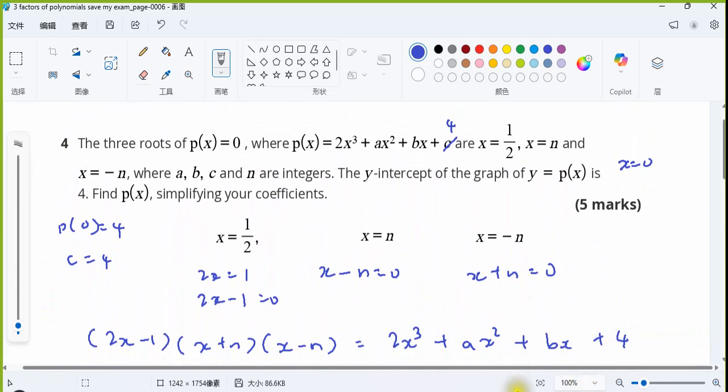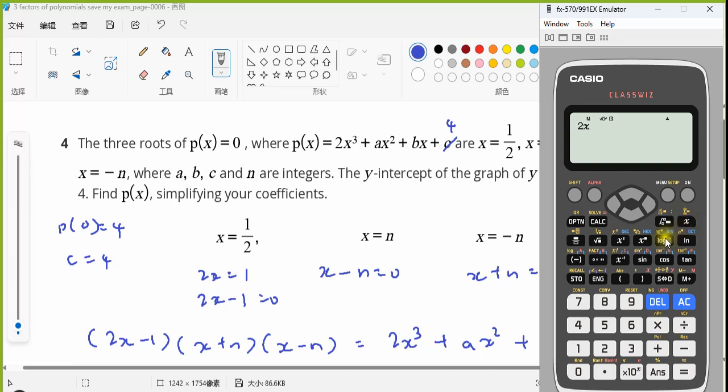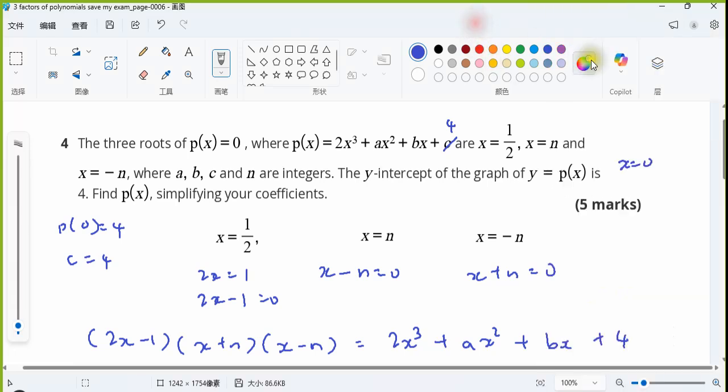So I have 2x to the power 3 and then minus x squared minus 8x plus 4. When we have half here it is 0, 2 here 0, negative 2 here also 0. And then when we have 0, then we have 4. Yes, correct.